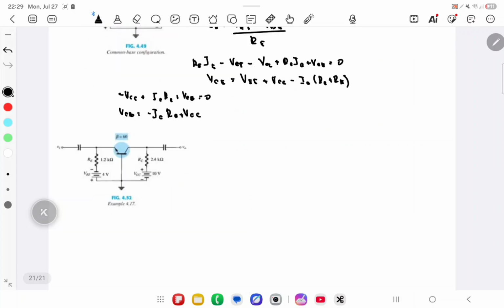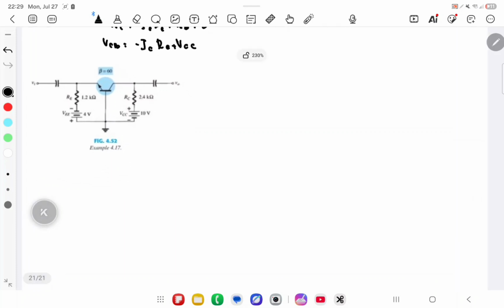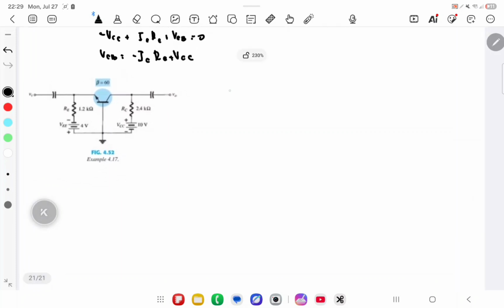So now we can move on and solve a problem on this configuration. In this case, we have to find IE, IB, IC, VCE, and VCB. Okay?